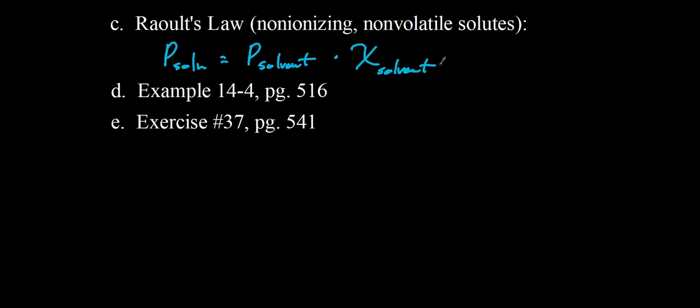And so the mole fraction of sucrose is 0.0220. Multiply that by the vapor pressure of the water by itself. And this will give you how much the vapor pressure goes down by. So if you wanted to calculate the vapor pressure of the resulting solution, you would take the vapor pressure of the water by itself, 23.8 torr, minus 0.524 torr, and you'd get the vapor pressure of the solution. Or just use the mole fraction of the solvent.